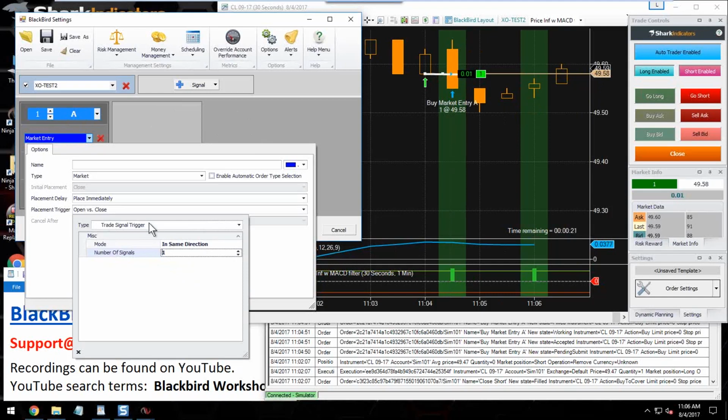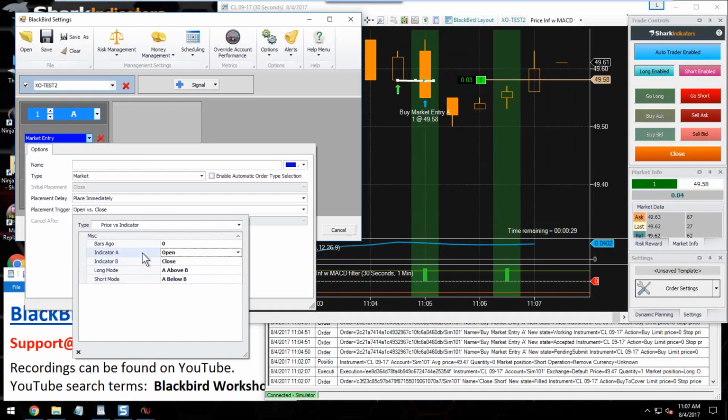But to make this a little more universal, we've also got all these other conditions here. And so we're using the price versus indicator condition, comparing the closing price to the open price here. I actually probably set this up backwards from how most people would think of it.